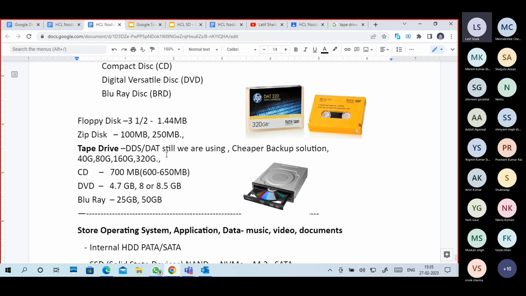Once it is full, you have to change the hard disk again and pay the amount, right? So some organizations that store CC cam data for a very long period use DATs, because they are cheaper. Once a cassette is full, they go to the next cassette and store all recordings.